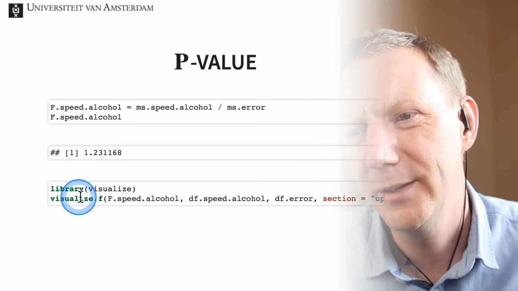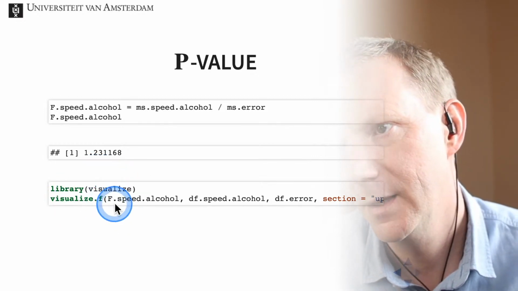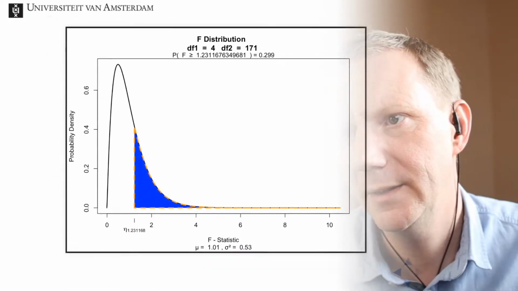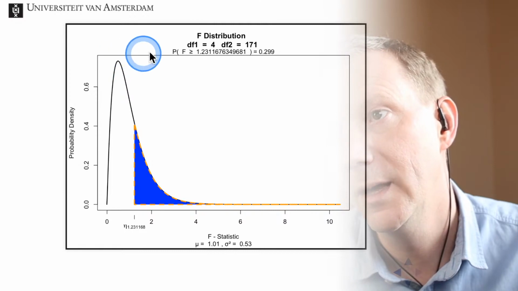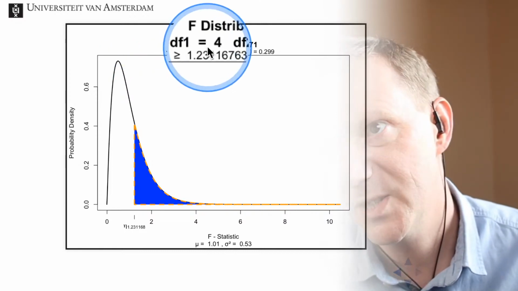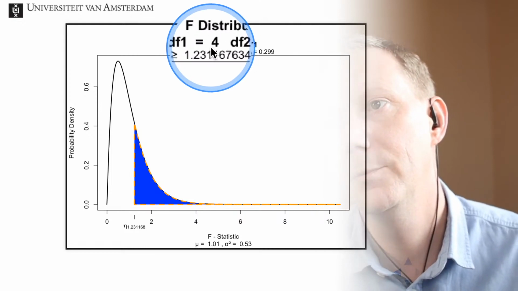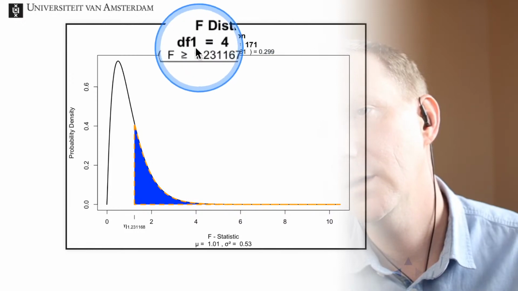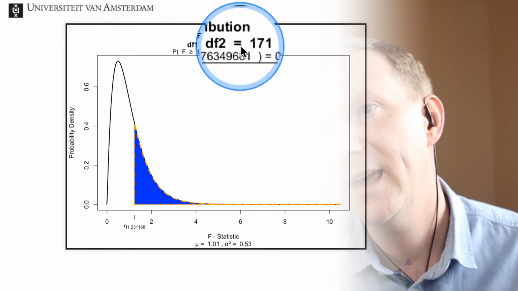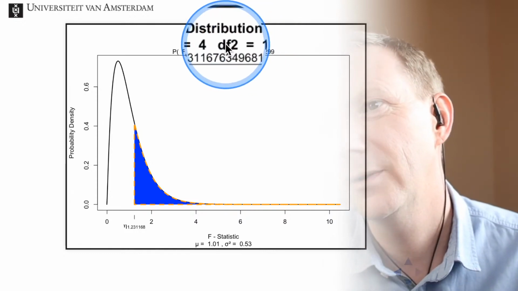So we're applying the visualize function for the F test, and that will result in the null distribution for the F value for this specific experiment, meaning having 4 degrees of freedom for the model, and having 171 degrees of freedom for the error.